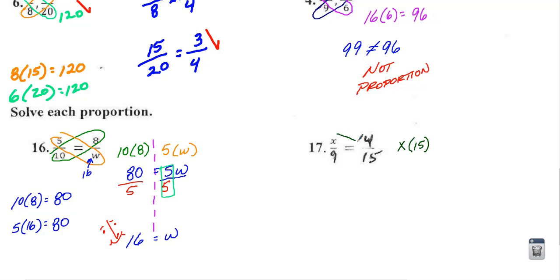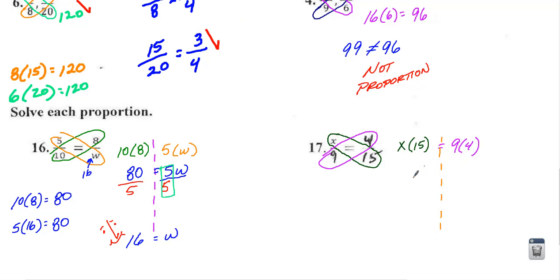That's this, x times 15. And we're going to multiply 9 times 4. Those amounts need to equal each other, so I'm going to go ahead and put that line down. That line reminds me that to be equal, I have to keep doing the same thing on both sides.